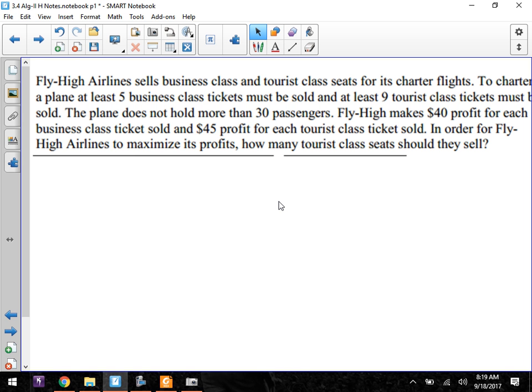So, what's your goal? Maximize profit. Your goal here is to maximize profit. Now, they talk about 2 types of seats, business and tourists. Only one matters, but remember, it's going to be an ordered pair, so you'll figure out the ordered pair to maximize profit, and you can pick that piece of info out of it.